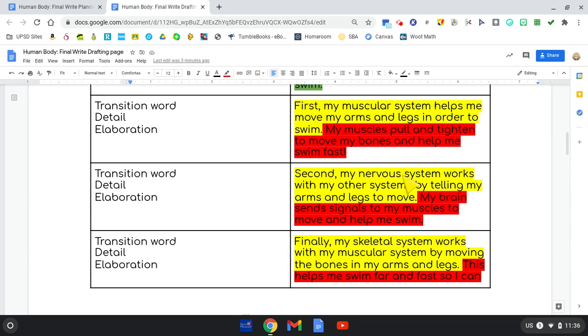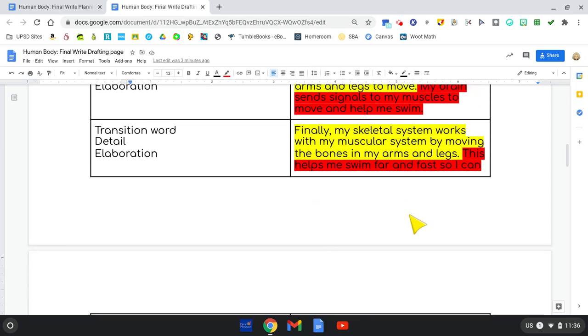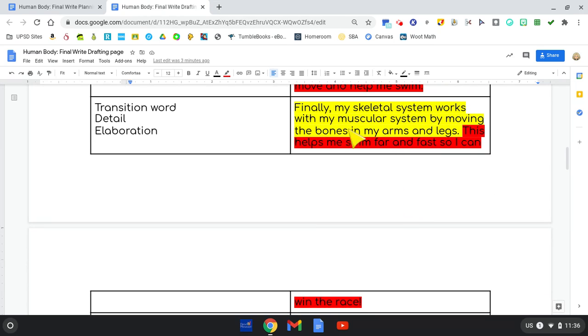Second, my nervous system works with my other systems by telling my arms and legs to move. My brain sends signals to my muscles to move and help me swim. Finally, my skeletal system works with my muscular system by moving the bones in my arms and legs. This helps me swim far and fast so I can win the race.